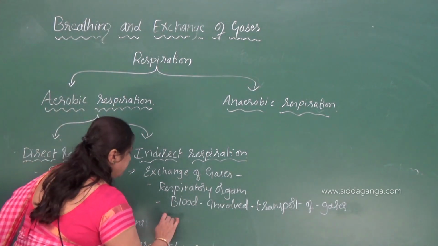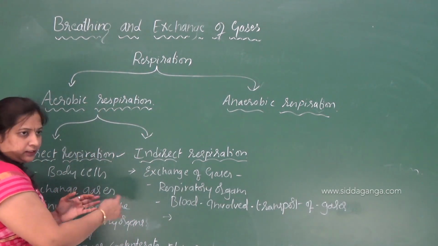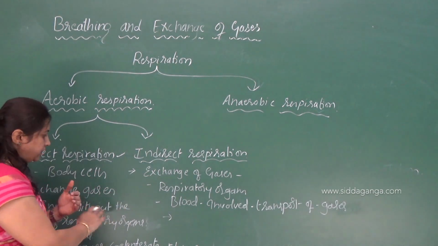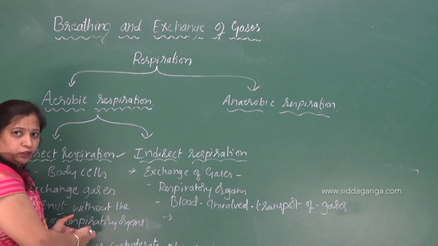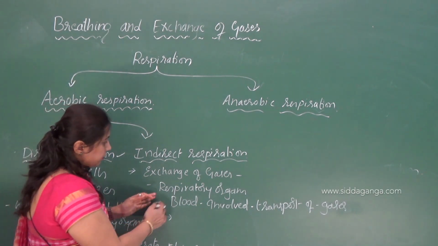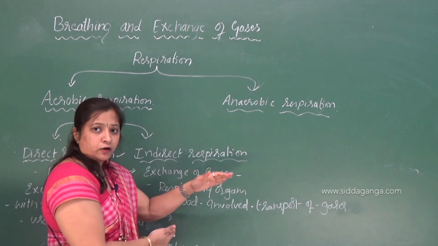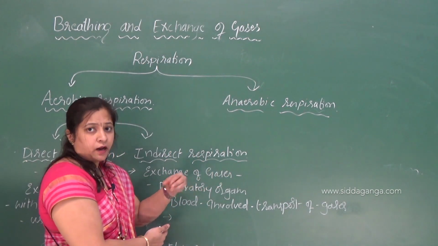As the gases get directly exchanged between the body cells and the environment in direct respiration, there is no need for blood to transport the gases. But in indirect respiration, the exchange of gases will occur through a respiratory organ.